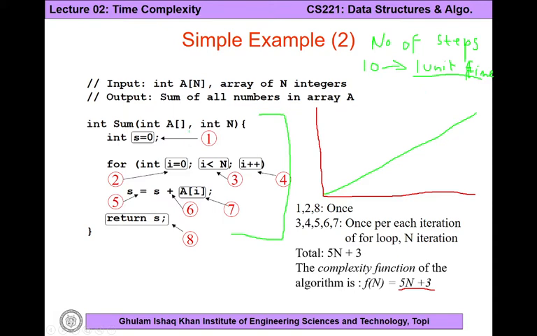For example, 1 unit of time may be 1 second on a Pentium 4, but half a second on let's say a Core i7 machine, right?